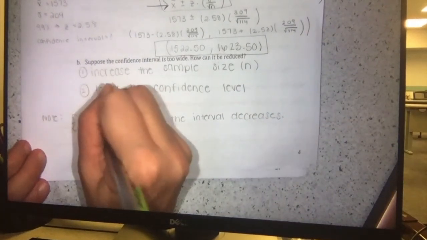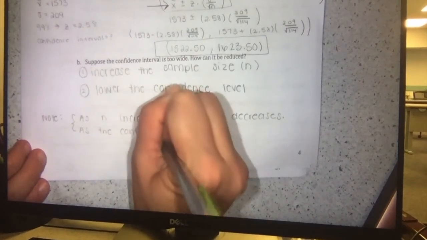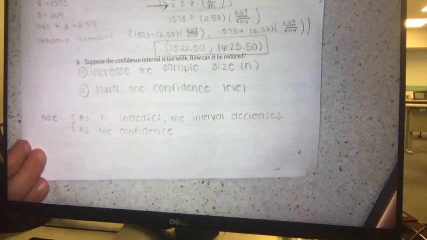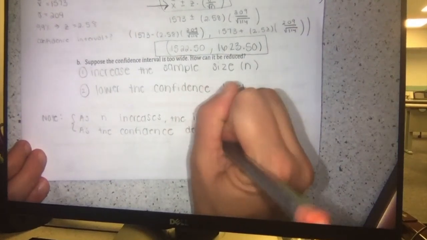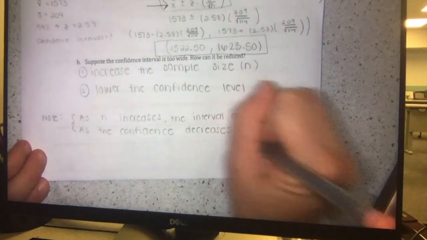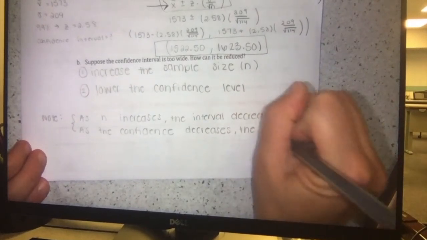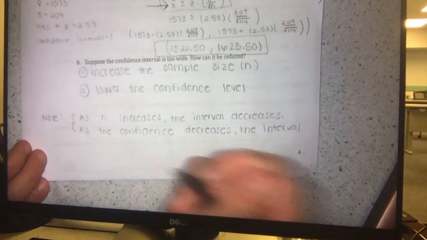Likewise, as the confidence decreases, which is exactly what we said up here. I just wanted to show you this wording because sometimes they word it too mathy. As the confidence decreases, the interval gets more precise. The interval decreases.